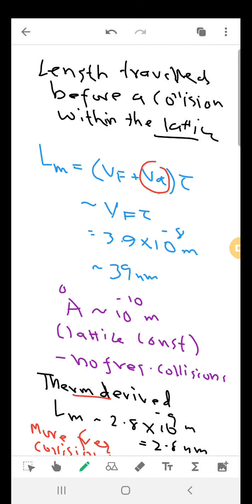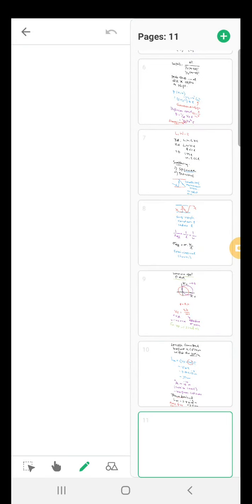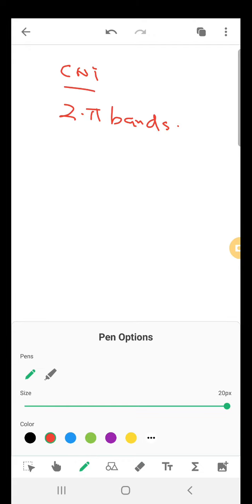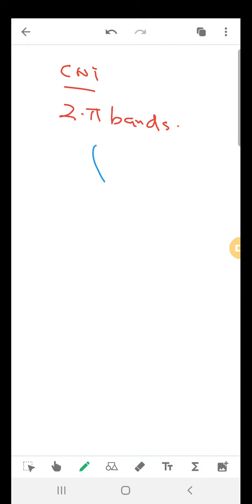Now, let us come to a practical example of carbon nanotubes, CNTs. In carbon nanotubes, there are two pi bands. So it is like this shape. So this is a pi and this is a pi band.